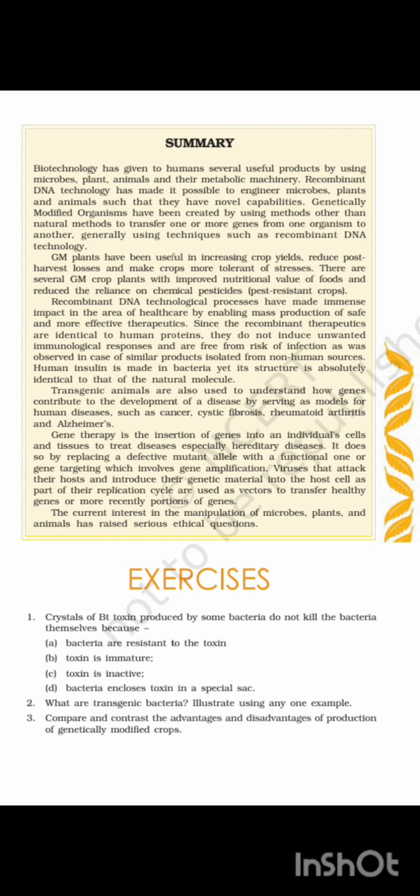GM plants have been useful in increasing crop yield, reducing post-harvest loss, and making crops more tolerant of stresses. There are several GM crop plants with improved nutritional value of foods and reduced reliance on chemical pesticides.